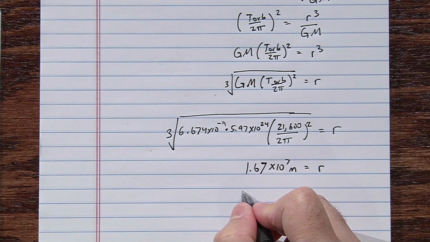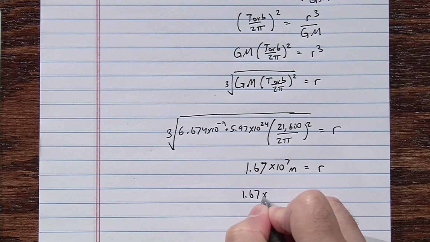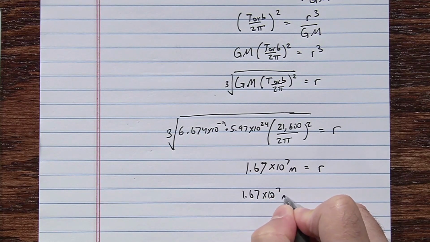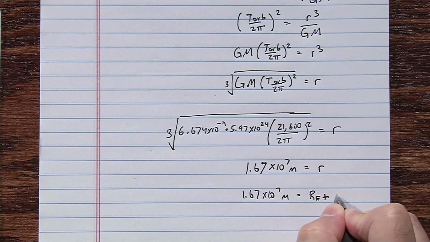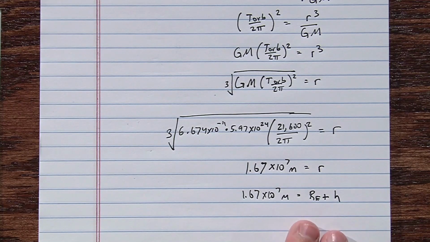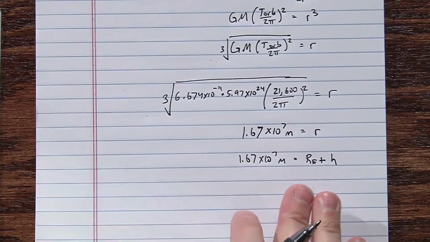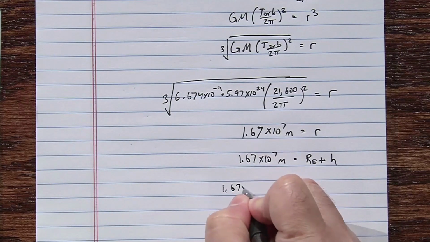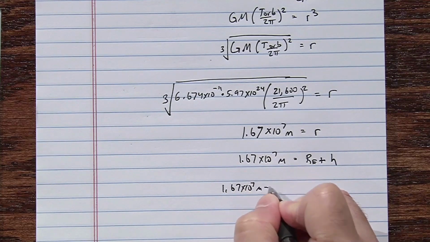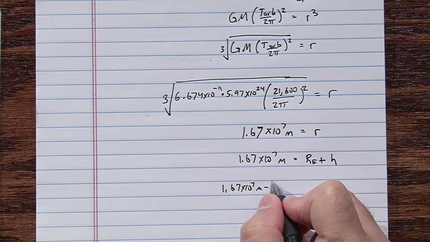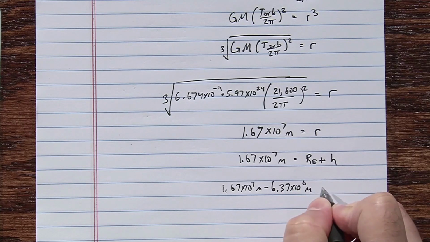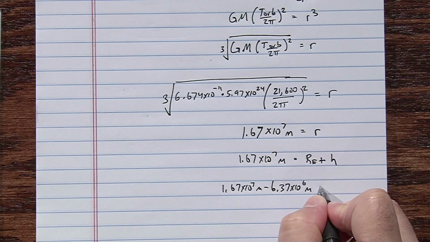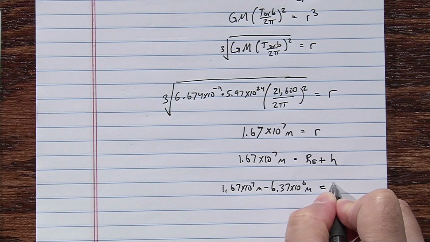And 1.67 times 10 to the 7 meters is equal to the radius of the Earth plus the height. So 1.67 times 10 to the 7 meters minus the radius of the Earth, which is 6.37 times 10 to the 6 meters, is equal to the height.